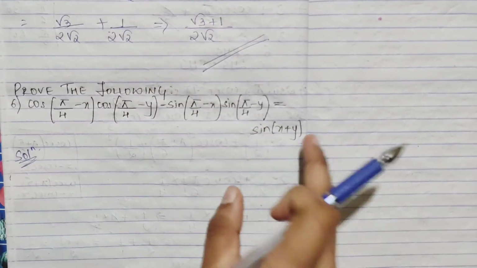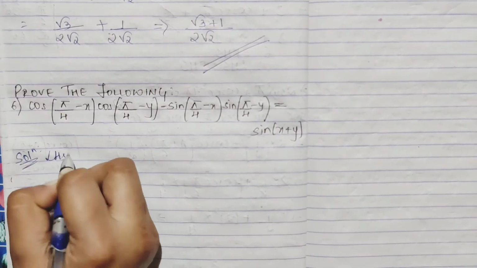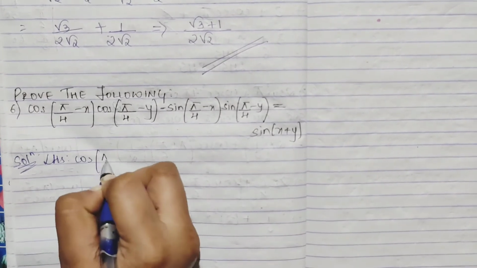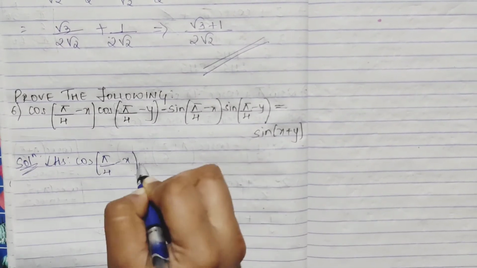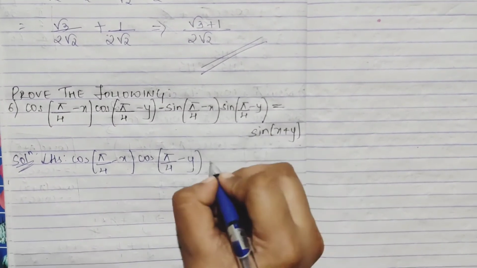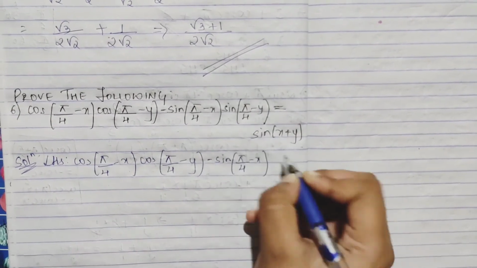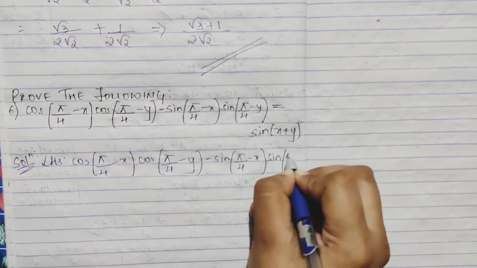From LHS we will solve to get our RHS. So consider your LHS, cos of pi by 4 minus x. If you now remember these identities, it's like a game for you to solve.